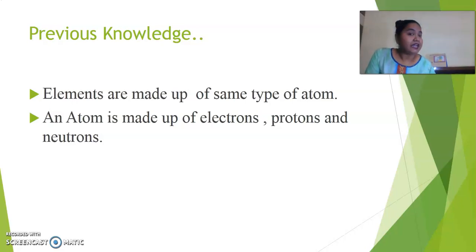But an atom is made up of electrons that are negatively charged, protons that are positively charged, and neutrons that have no charge.